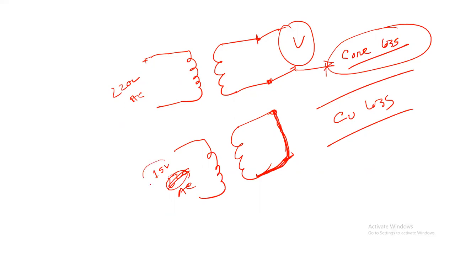If the secondary part is shorted, it is not a 220 supply, it is a low voltage supply, because this line is shorted. If it were high voltage, you know a short circuit means fire, or it would burn this section.